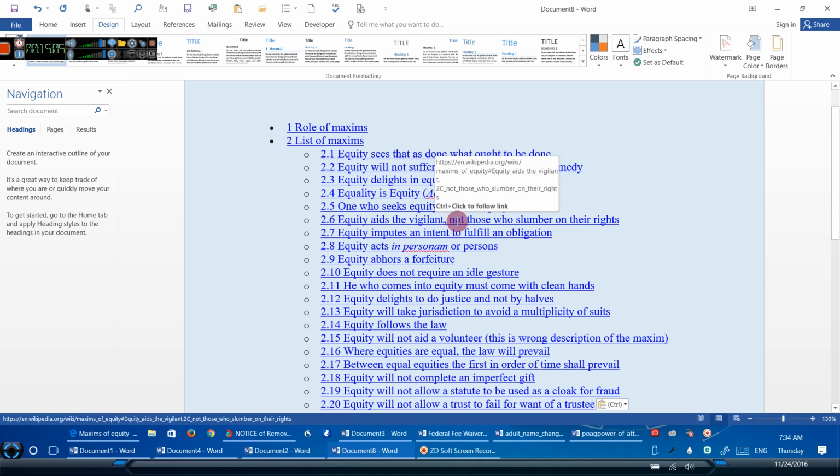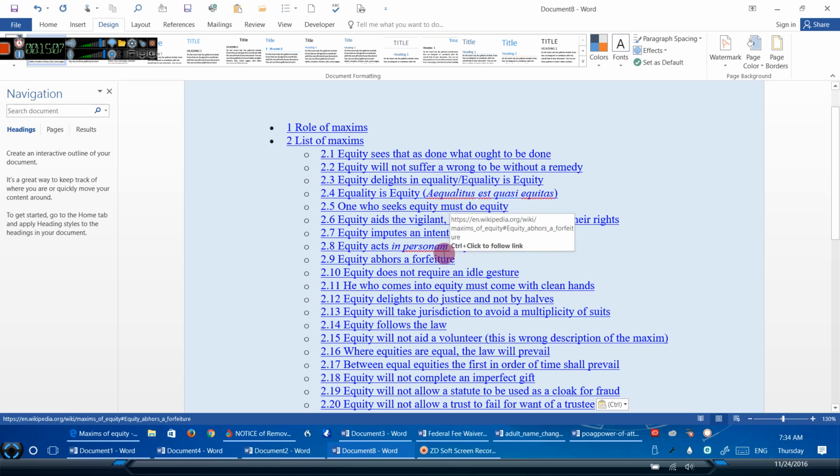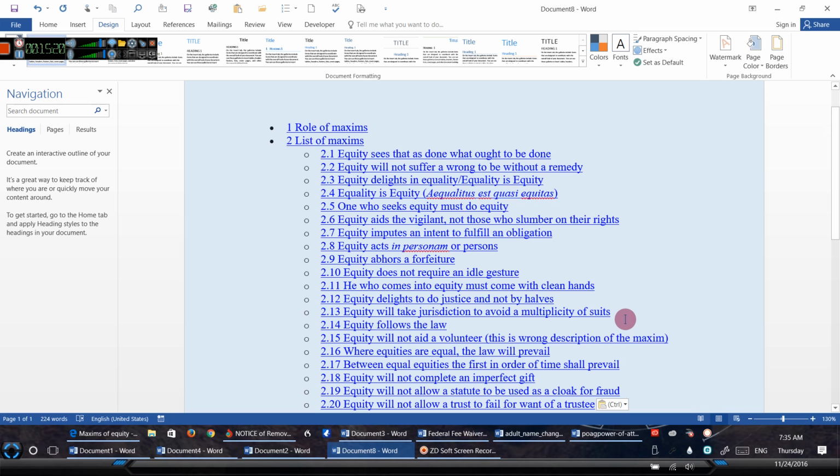Equity aids the diligent, not those who slumber on their rights. These are all of their equitable rights. Well, what's equity? Equity will take jurisdiction to avoid multiplicity of suits. You see, that right there is to let you know the courts are operating under equity. All of them. Because they're administrative. He who comes into equity must come with clean hands.